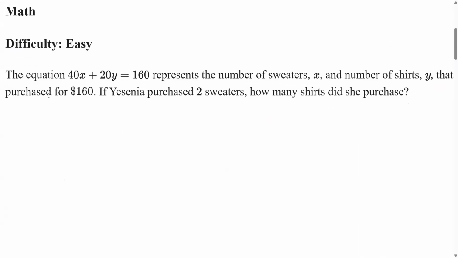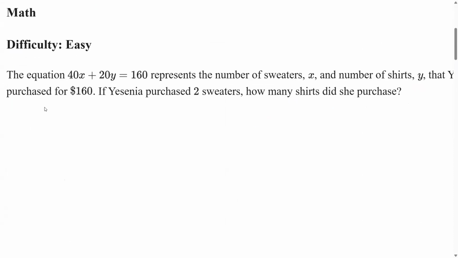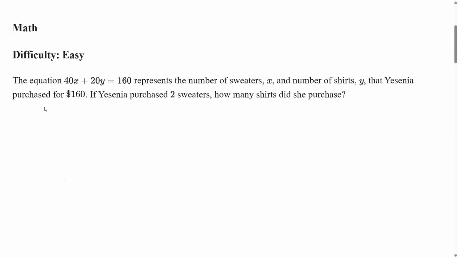The equation 40x plus 20y equals 160 represents the number of sweaters x and the number of shirts y that Yesenia purchased for $160. If Yesenia purchased 2 sweaters, how many shirts did she purchase? All we'll do is substitute and find the number of y. Let's do this. We'll put this in x and get y. 40 times 2 plus 20y equals 160.